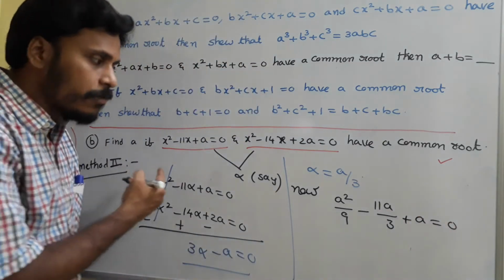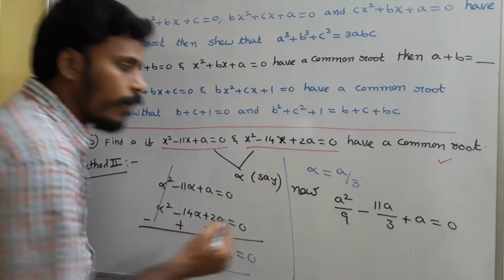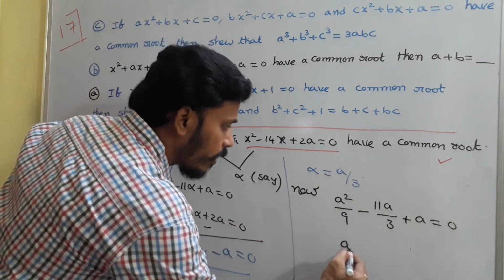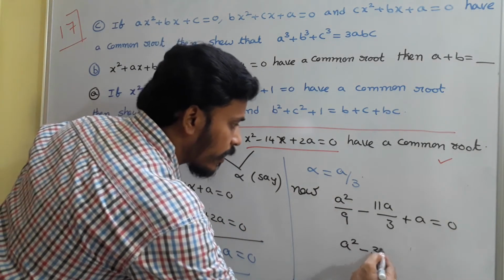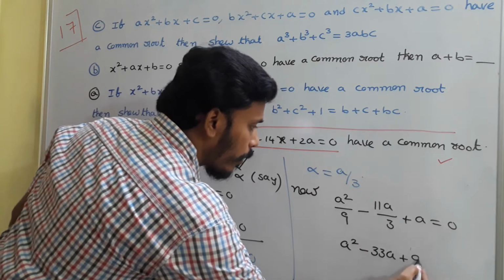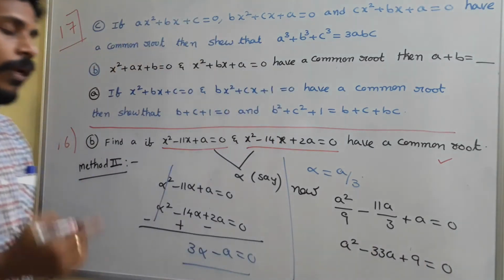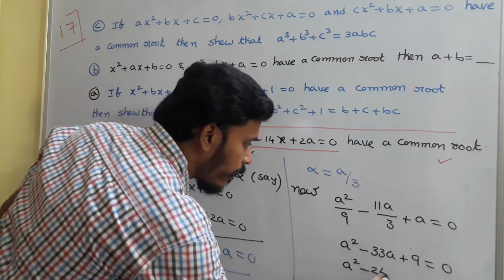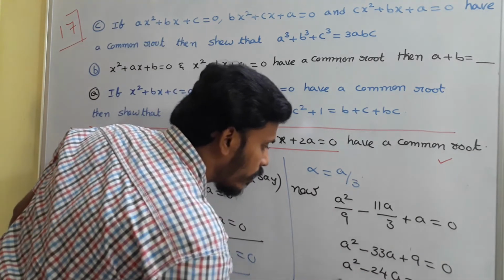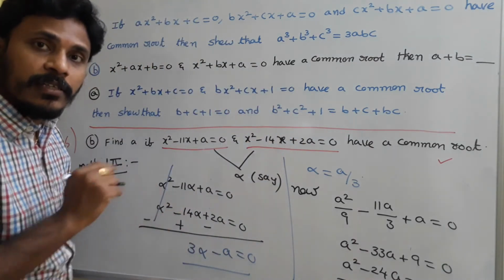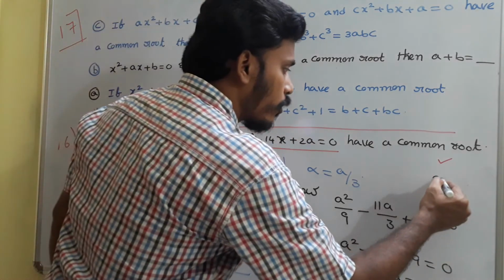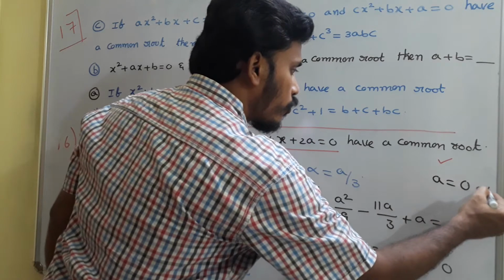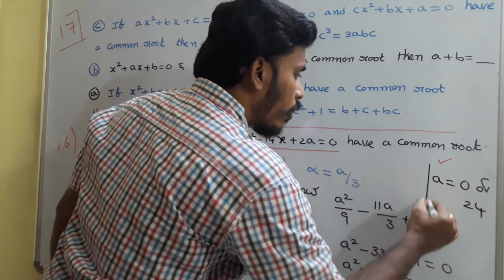If you multiply everything with 9, it becomes a square minus 33a plus 9a is equal to 0. That is simply a square minus 24a is equal to 0, so a is equal to 0 or 24, and that's your answer.